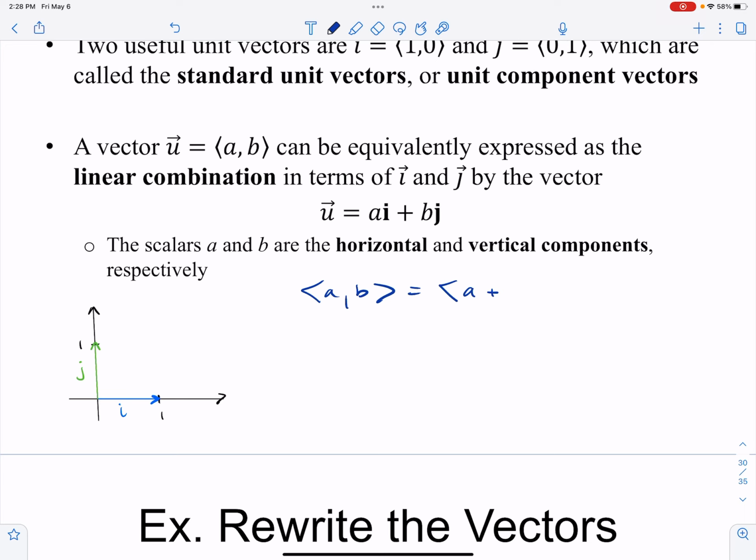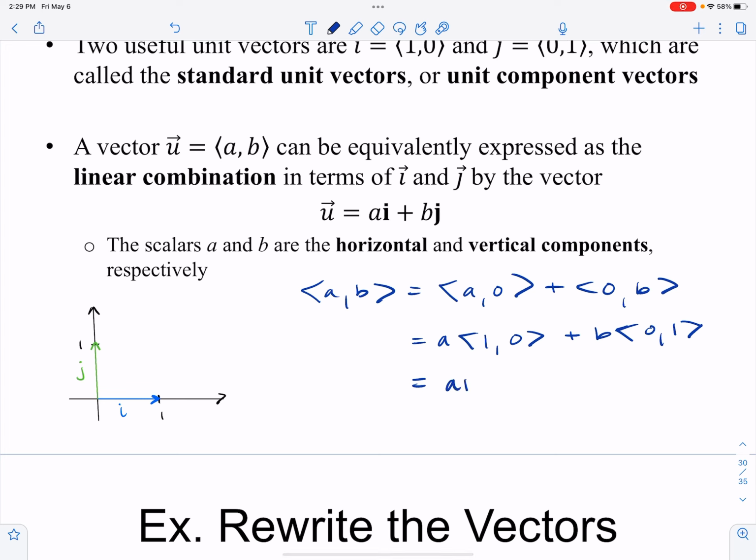So how about the vector a, comma, 0 plus 0, comma, b, which, if we thought about pulling the scalar a out, would be a times the vector 1, comma, 0, and pulling the scalar b out, and 1, comma, 0 is vector i, and 0, comma, 1 is vector j.